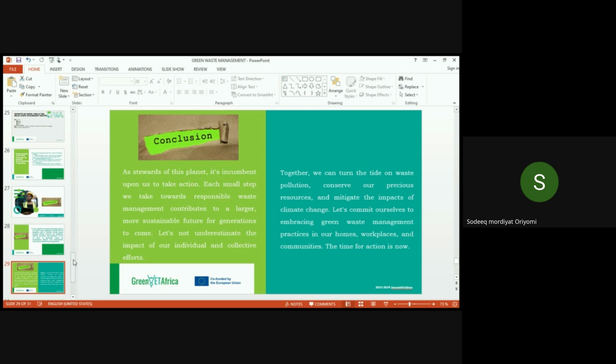According to the explanation and the lecture being given, based on the awareness that I've been doing in my environment, first of all, I sensitize the people around me, also in public places. Whenever I'm in a congregation, I always lecture people on the best way to manage our waste, and also on limitation of waste in our environment.